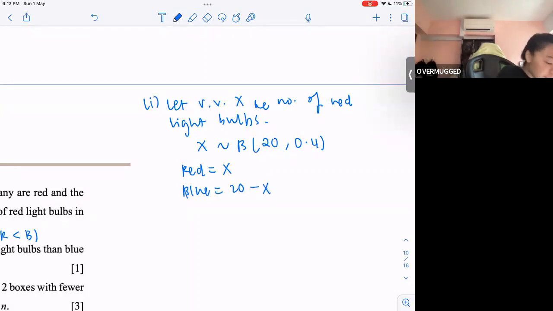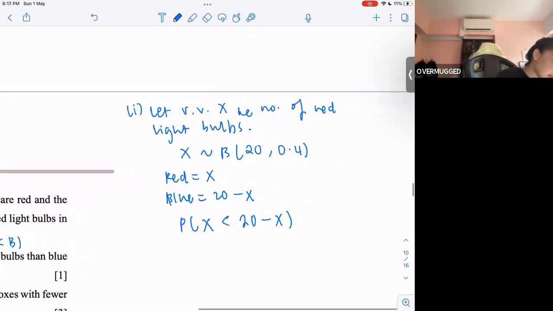So that means that the probability of my red, which is X, being less than 20 minus X, which is the blue, correct? This is what I'm trying to find. And how do I do this? I'm going to simplify it.